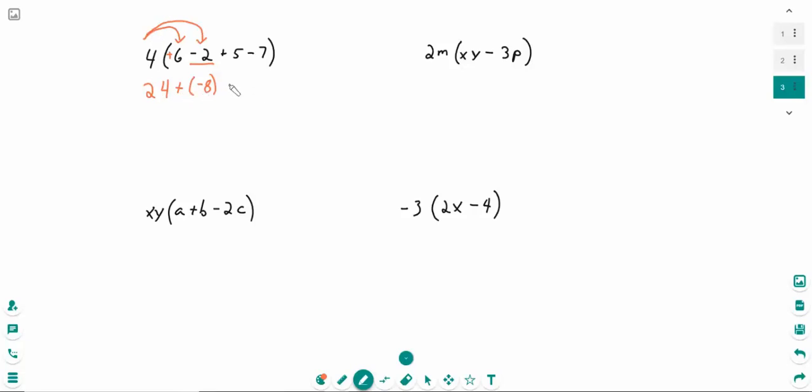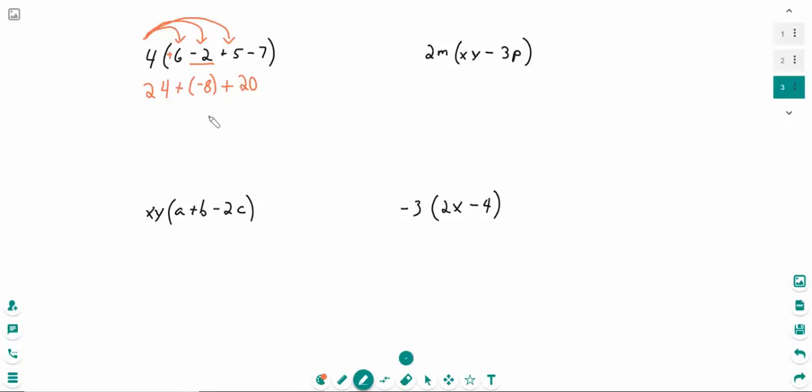Now we're going to add that to our next product, which is going to be the 4 times the positive 5. So 4 times a positive 5 is a 20. And notice I have positive 20 already because I have this positive sign, so I don't need to write another positive sign.